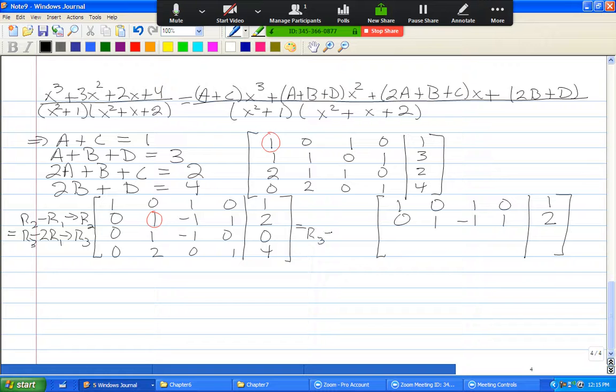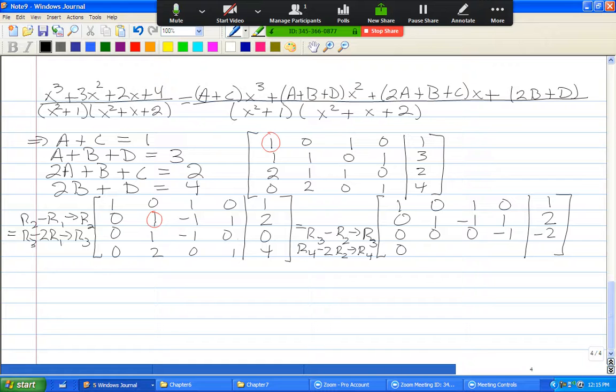So do R3 minus R2 to give me a new row 3. 0 minus 0, 1 minus 1, 1 minus 1, 0 minus 1, 0 minus 2. Make this 0. And so let's do R4 minus 2R2 to give me a new row 4.